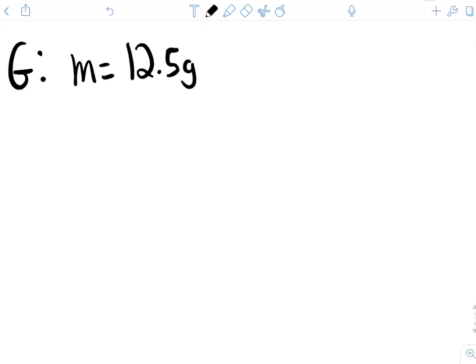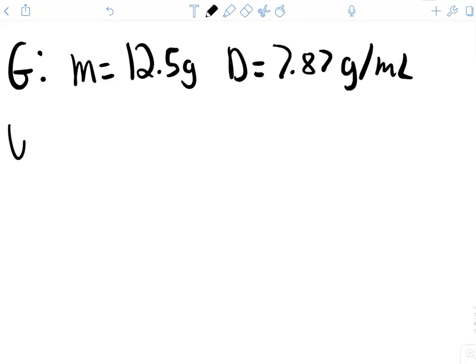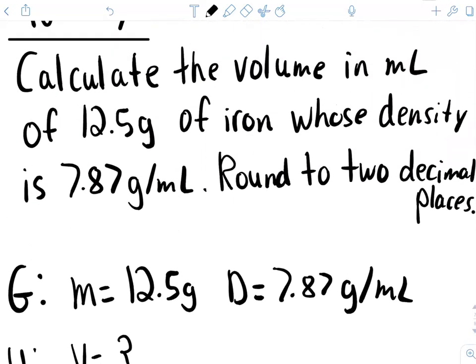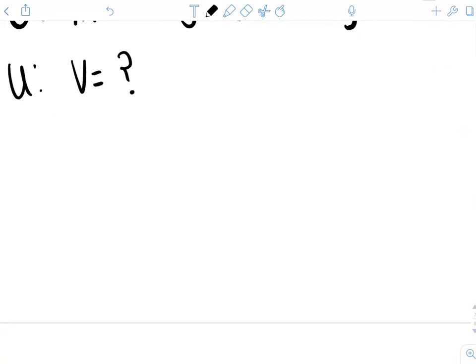Now, I trust that you have done that, and so I'm just going to go through and work this out. So my mass is 12.5 grams. Our density is 7.87 grams per milliliter. Our unknown is our volume, and they tell us that it needs to be in milliliters.